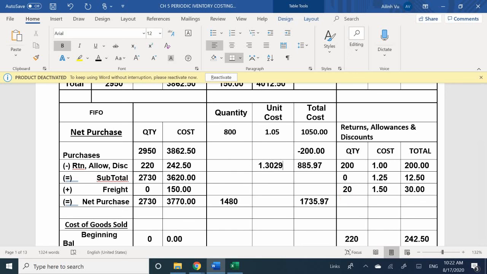The cost per item is obviously going to change because now we no longer have the full amount of my 1050. We need to take out $200. So what is 1050 minus 200? $850. Yes, 850.